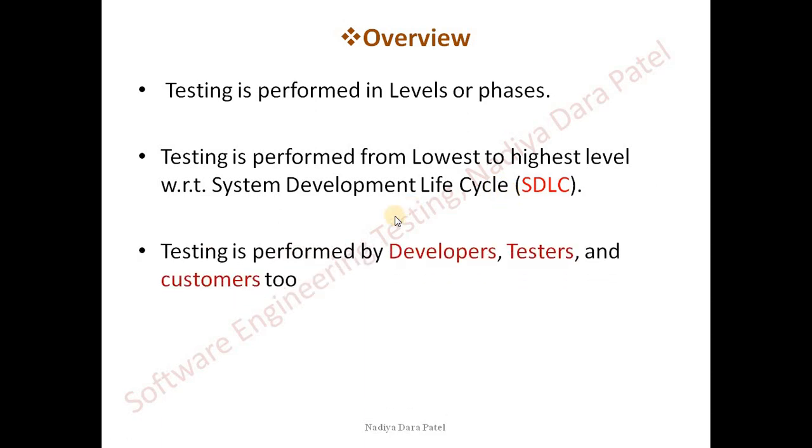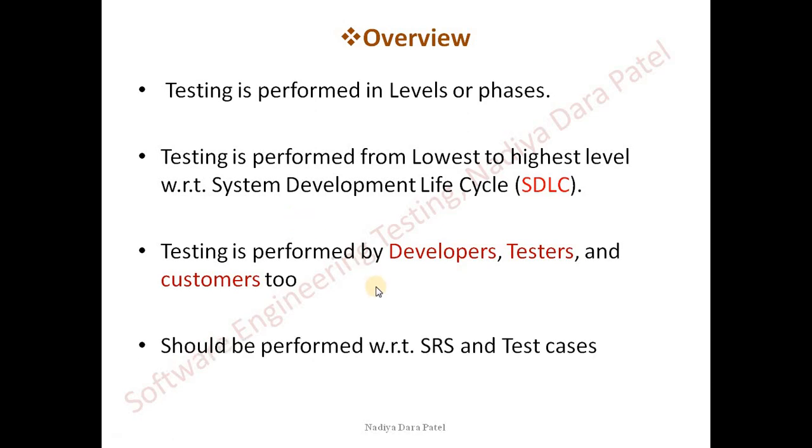Testing is performed by developers. It is also performed by testers, and it is also performed by your customers or end users too. This is a very important point which you should not miss. And finally, you should perform testing with the help of the software or system requirement specification document and test cases.